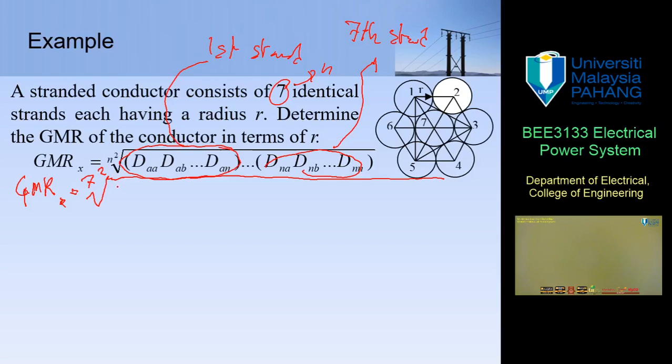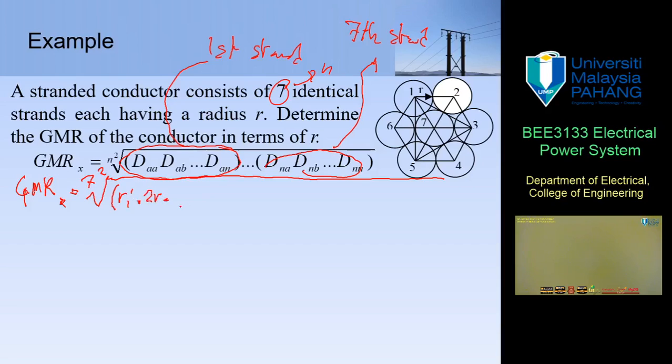We have just calculated already. So the DAA is reflected to the R prime. Remember R prime, RX prime, which for this case is the R1 prime. Then we are going to put the value of D12, which we already calculated, which is 2R.